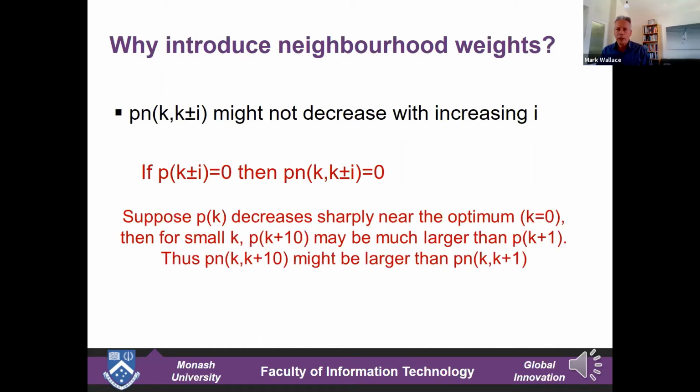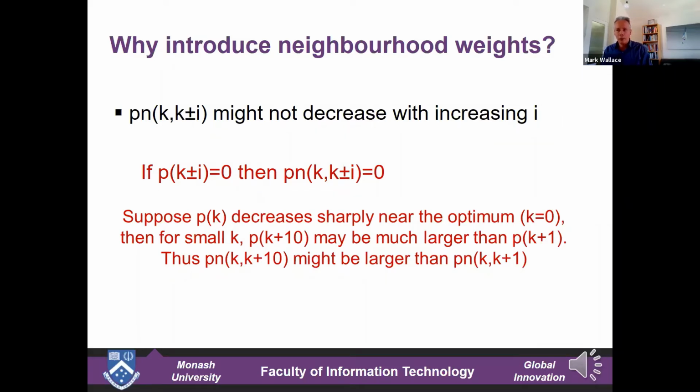But more importantly, as the probability decreases sharply towards the optimum, as we saw in the examples earlier on, then for small K, there are very few values with that fitness, because there's a very small probability. But there may be a much larger probability of a random point having fitness K plus 10, a much larger fitness.